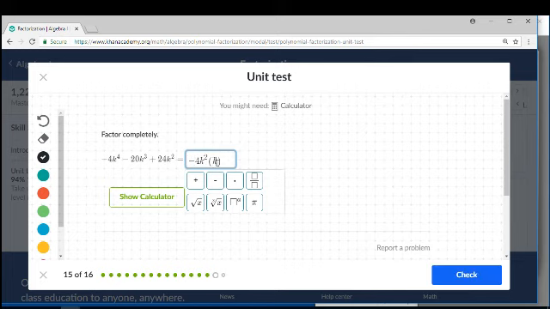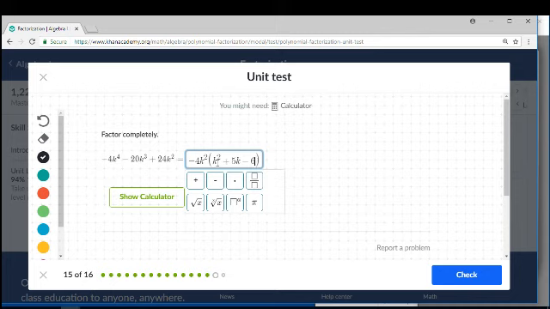It'll give us k squared minus k squared plus 5k minus 6. So negative 4 divided by 20 is positive 5. 24 divided by negative 4 is negative 6.